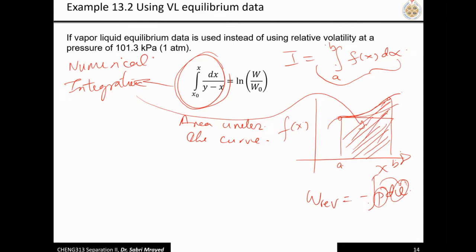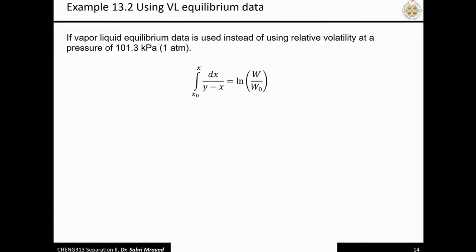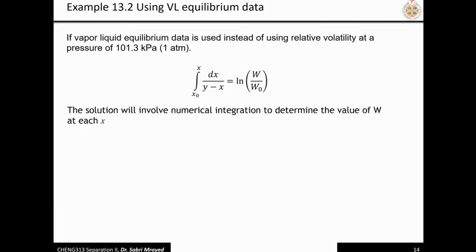That was in thermodynamics, and it was the same idea. So all we're trying to do now is to utilize the equilibrium data that we have to obtain the area under the curve. So the solution will involve numerical integration to determine the value of W at different values of x.